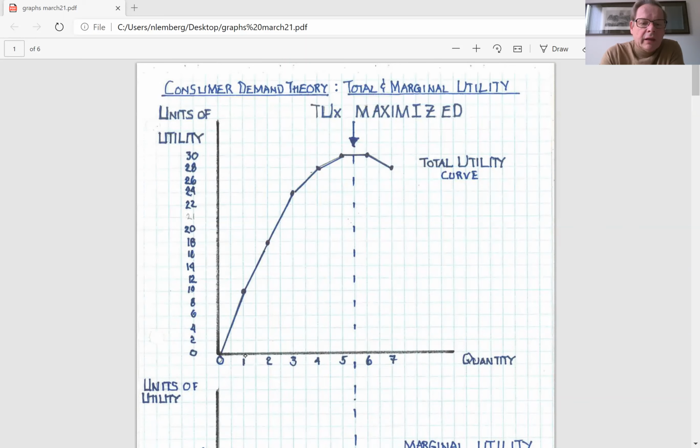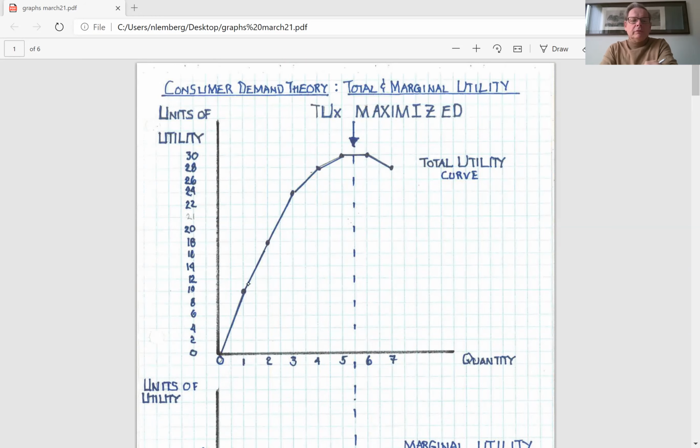The change in x is 1, 10 over 1, which is equal to 10. You can also do it between the points 1, 10 and 2, 18. So your slope is going to be a change of 8 divided by a change of 1. 8 over 1 is 8, so you get your marginal utility of 8.